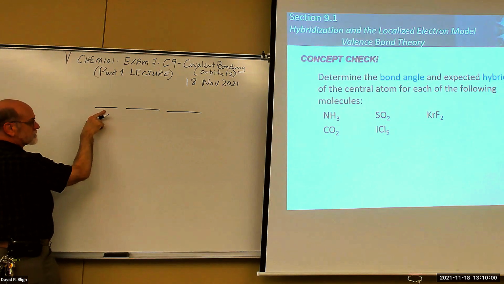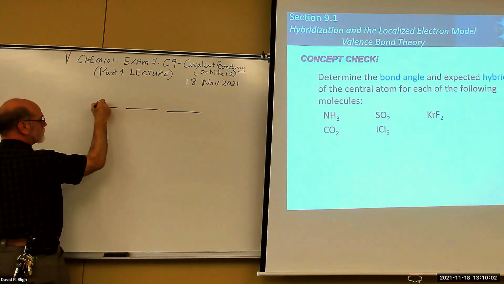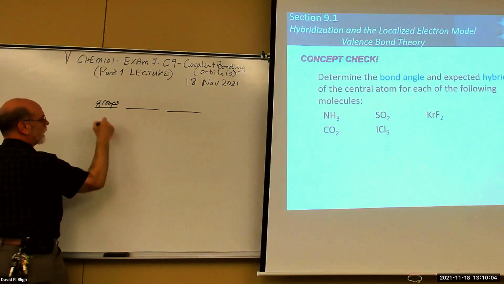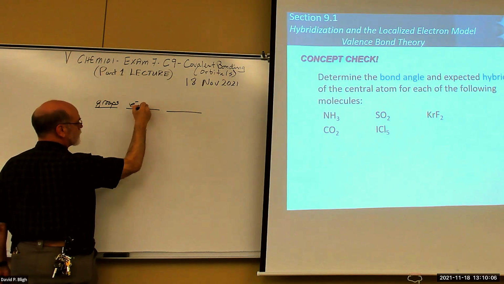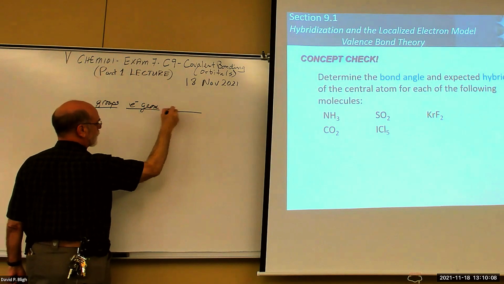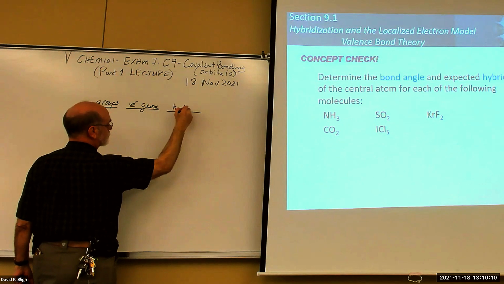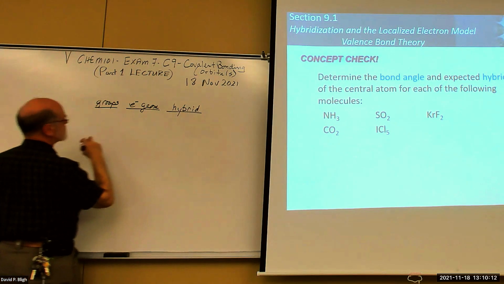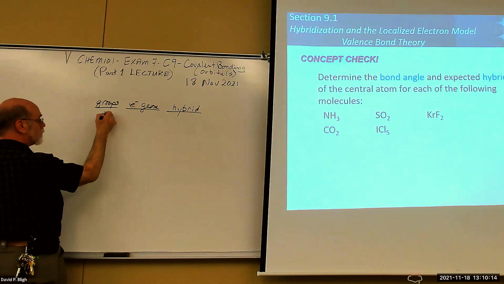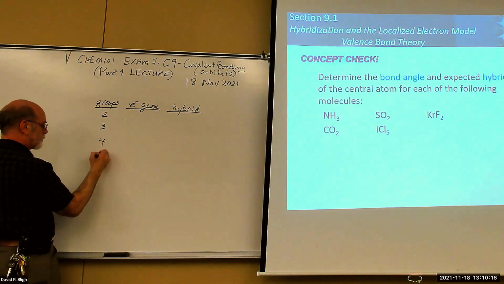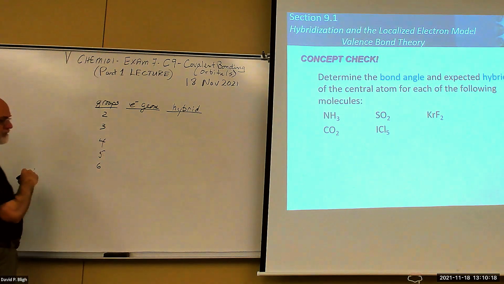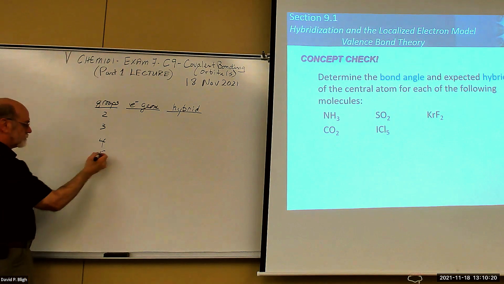And for this table, we got how many groups? Then the electronic geometry, and then the hybridization. Okay, so we have 2 groups, 3 groups, 4 groups, 5 groups, 6 groups. That's all the ones that we work with.